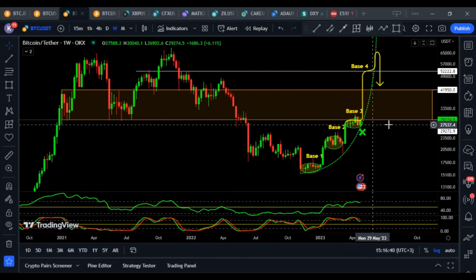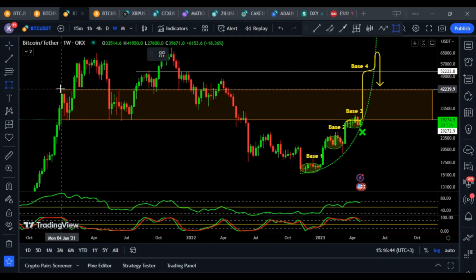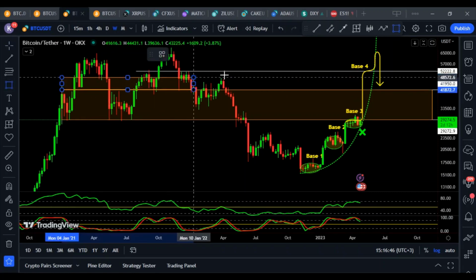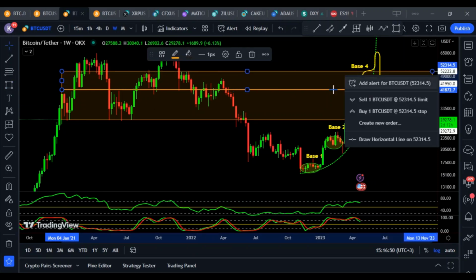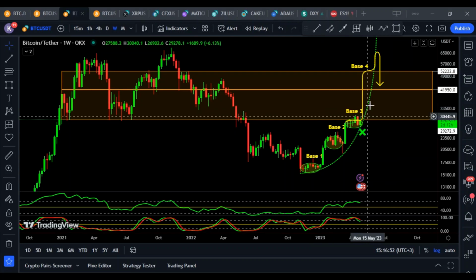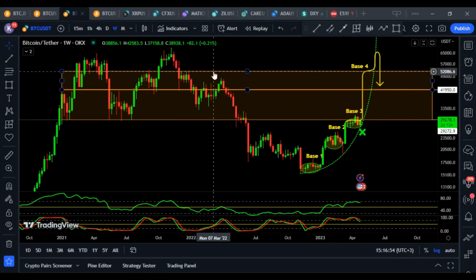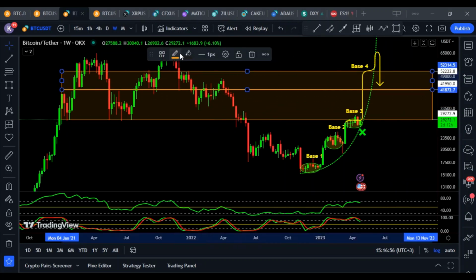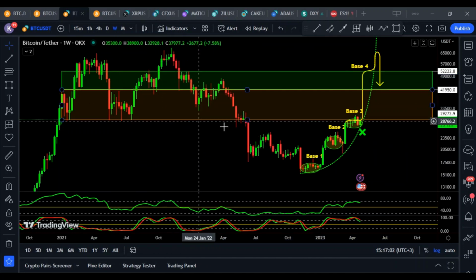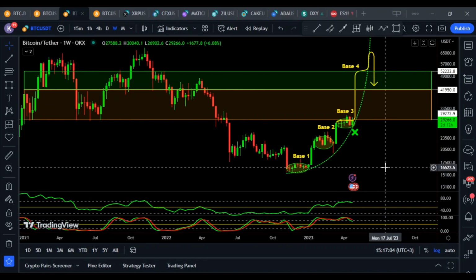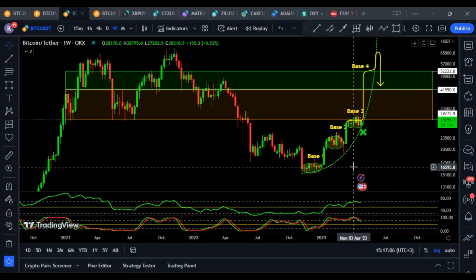That would be our first zone of confluence or interest, and the second zone would be from here till this area where we would hit our target from this move. So let's color this zone in green and have our green borders, and this one in orange, and wait and see how this will play out.